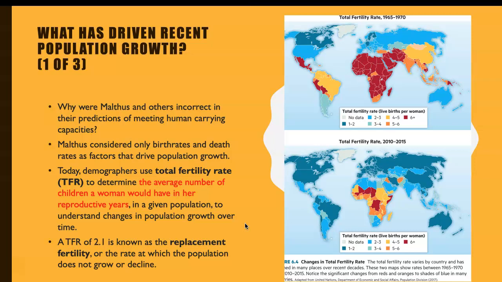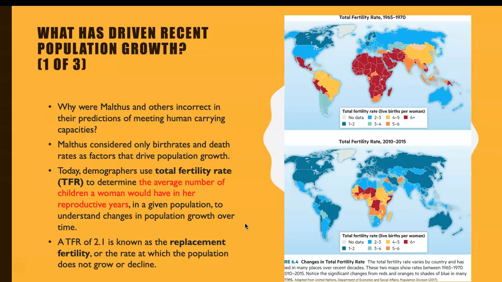Why is it 2.1? Imagine a husband and a wife have one child, and after both of them die, the child can only replace one of them. So we need at least 2 children to replace both parents.